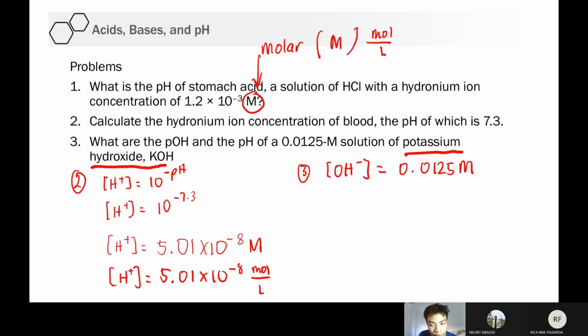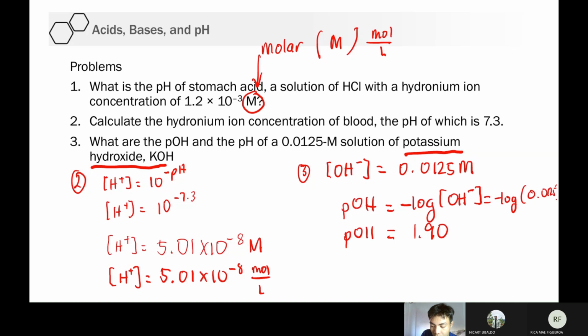So if you want to solve for the pOH, ano gagawin natin? So pOH is equals to the negative log of the concentration of OH minus. So that will be negative log of 0.0125, and that will give us 1.90.